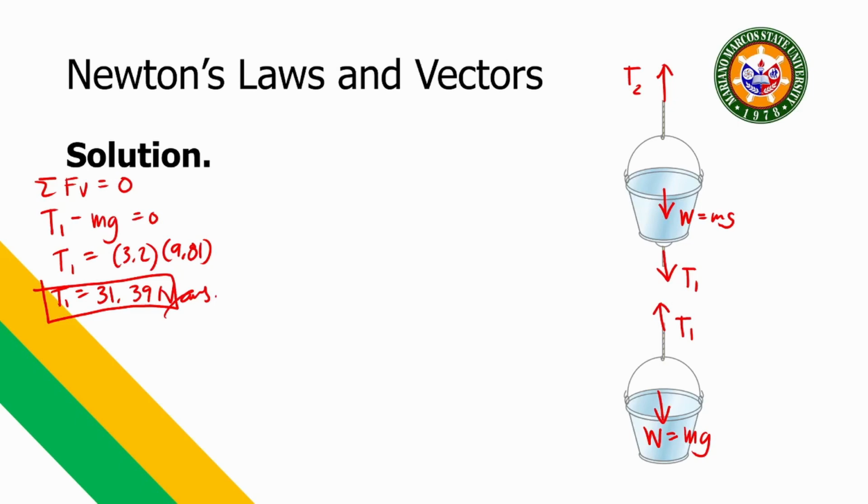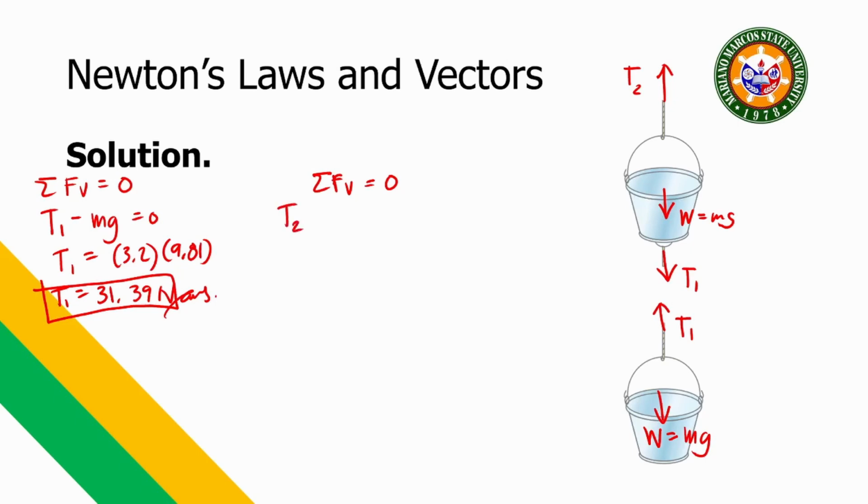If we take the summation of forces in the vertical axis, this one will be equal to 0. Considering na natin itong free body diagram ng top bucket, ang upward force lang dito is itong tension 2.